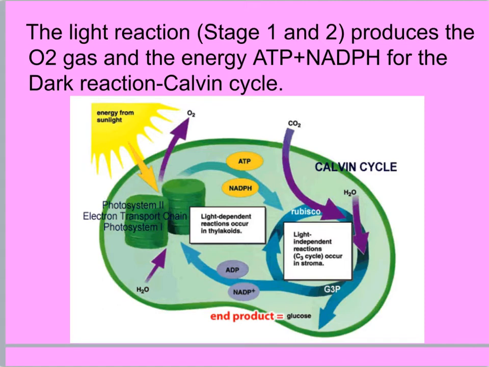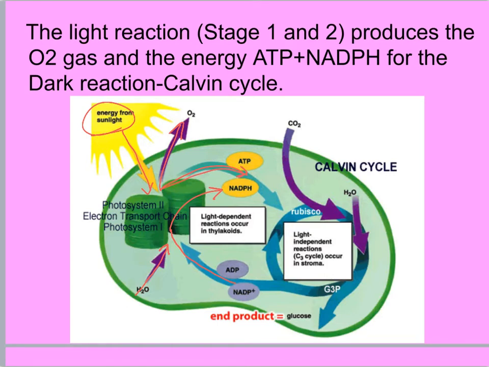Okay, so if you look here, energy goes in from sunlight, water goes in, okay, and using that energy and water, ADP and NADP are going to then combine with that hydrogen that was split from the water to make NADPH. Oxygen that was in the water gets spit out into the atmosphere, and then ATP is generated from that energy that was in the sunlight. Now it's in ATP. Now we're going to go into the Calvin cycle.